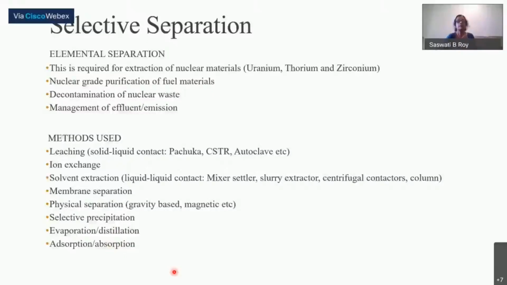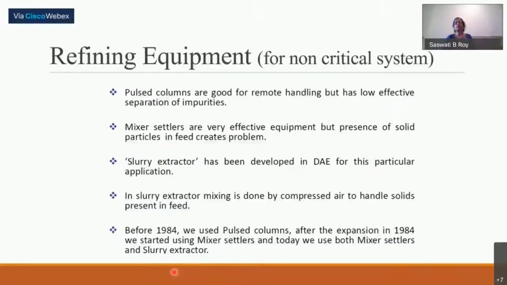For all these specific selective systems, we have specific equipment. For refining, as I said, we have to do removal of minor amounts of nuclear poisons, and that process we call refining. For this refining and for processing of back-end waste and spent fuels, we use either pulse columns or mixer settlers.